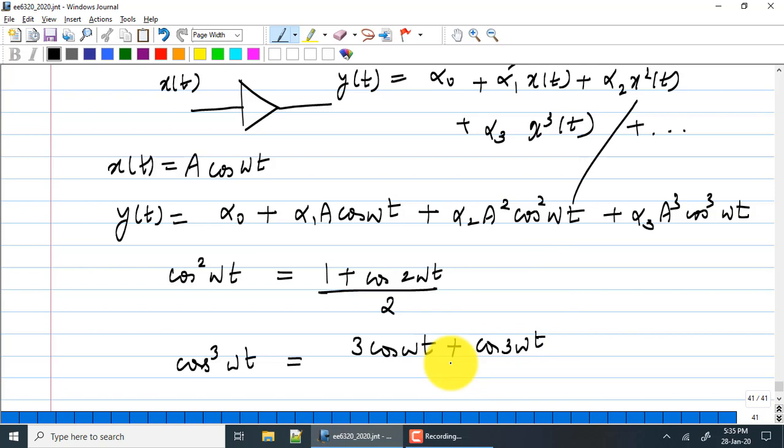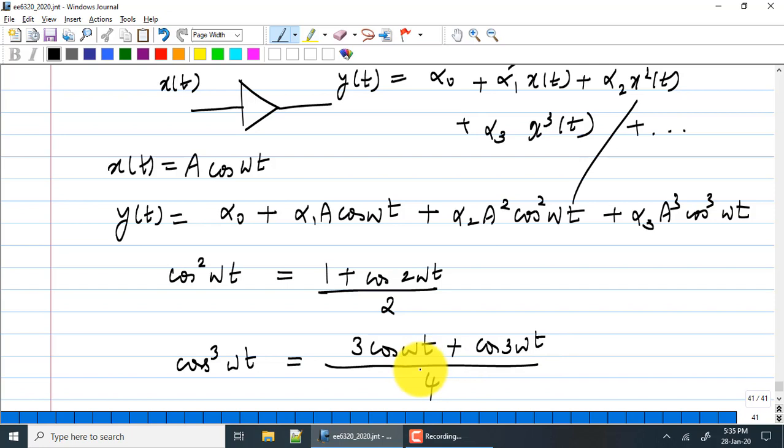Which is it? Plus. Okay, and something else is missing. Divided by 4. Okay, so it's 3 cos omega t plus cos 3 omega t by 4.